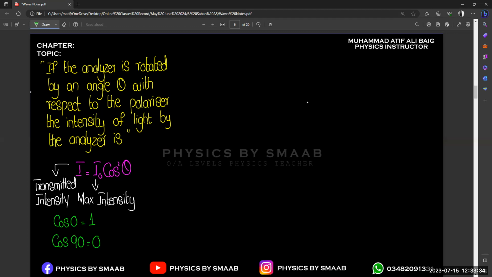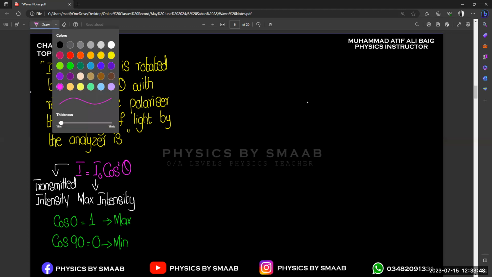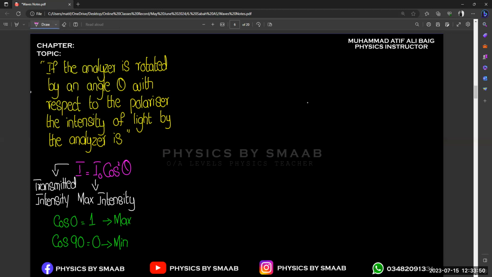So it means we get a maximum value at 0 angle, and a minimum value at 90-degree angle. What is the meaning of that? Let's consider situation number 1, that is cos 0, the maximum value.